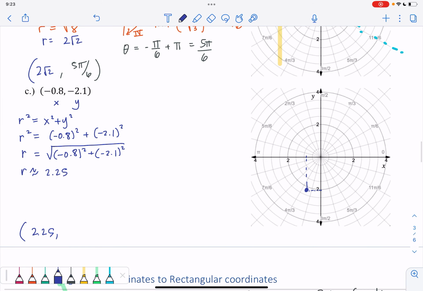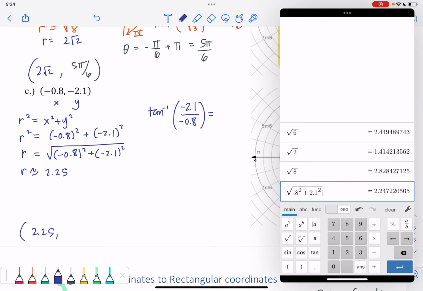I'm in quadrant 3. If I do my tan inverse of my y over my x, I get out an angle. But this is going to be tan inverse of a positive value, which is going to give me something up here in quadrant 1, so I can see what that's going to be.